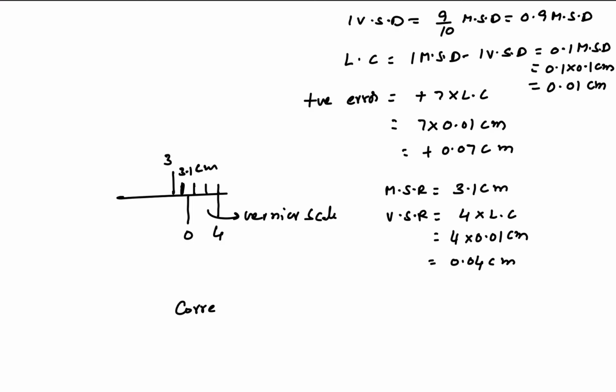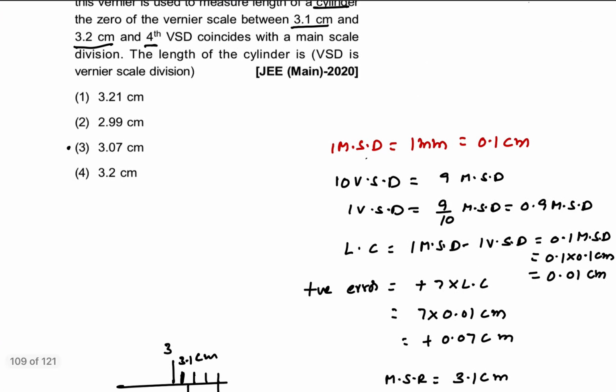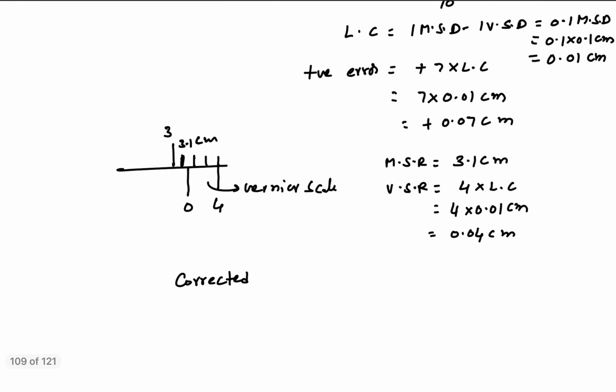Now corrected reading. They are asking what is the corrected length of the cylinder. Corrected length of the cylinder can be written as main scale reading plus vernier scale reading. Error is positive, so we have to subtract the error.